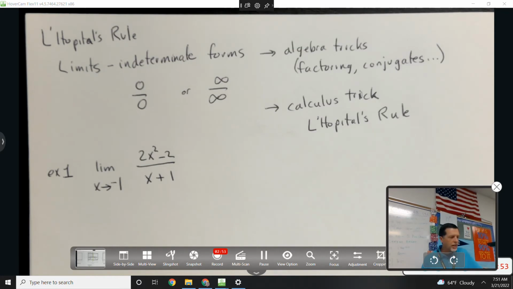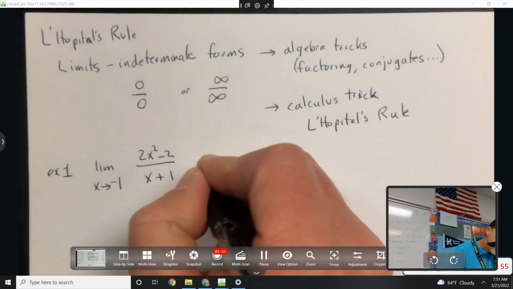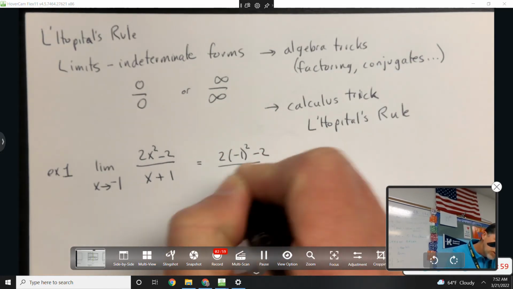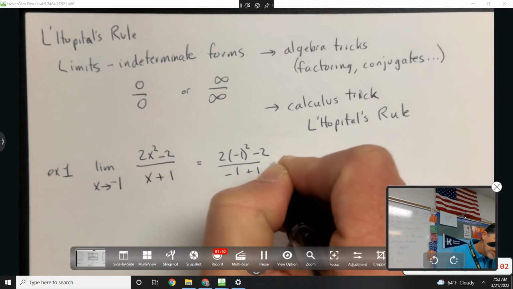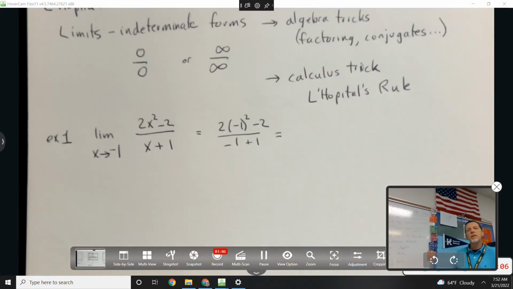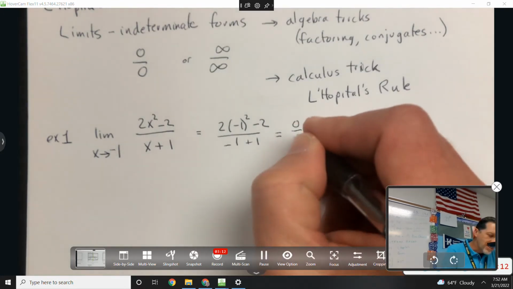Substitution. Plug it in, see what happens. So 2 times -1 squared minus 2 over -1 plus 1. What happens on this one? 0 over 0. So that doesn't work.